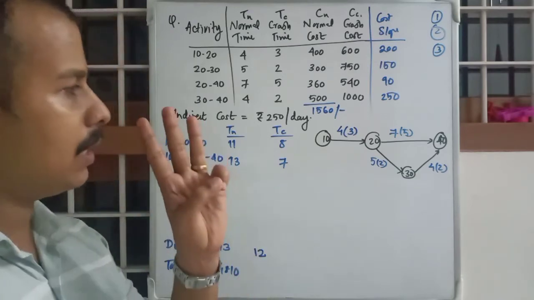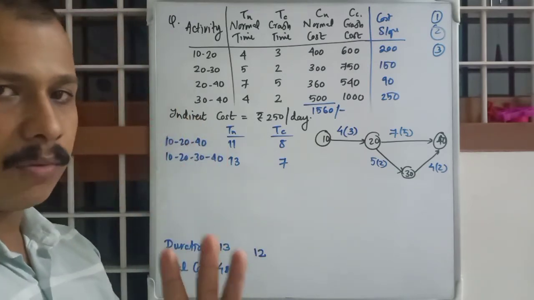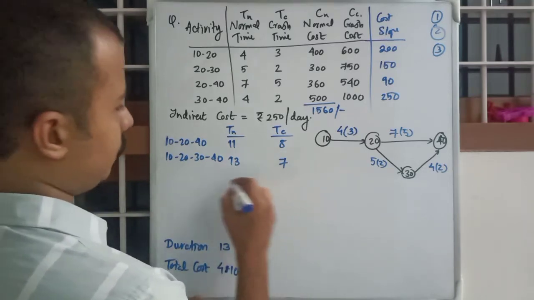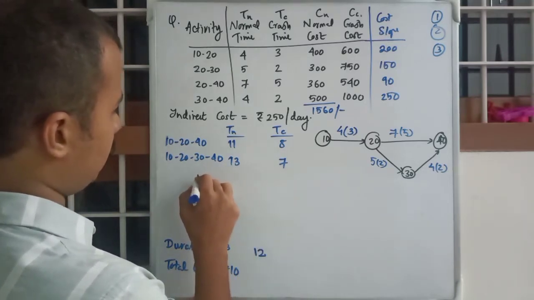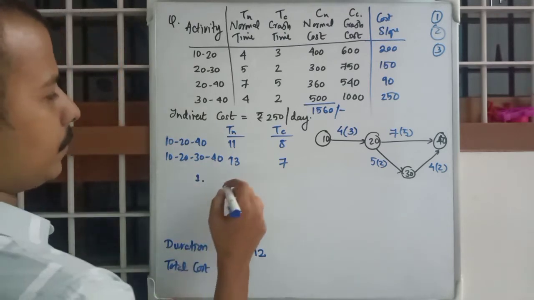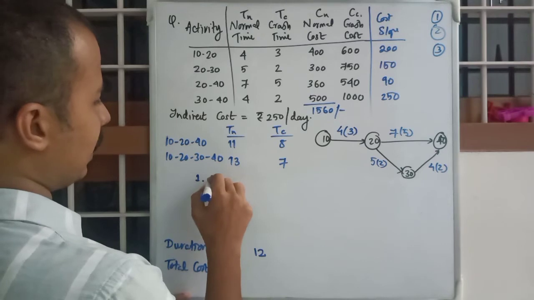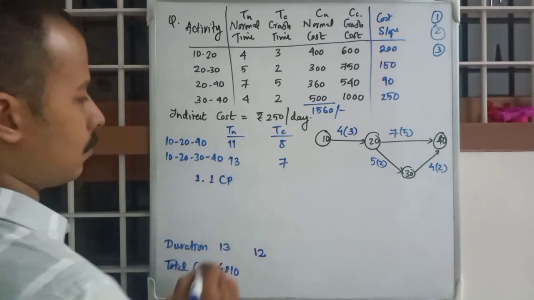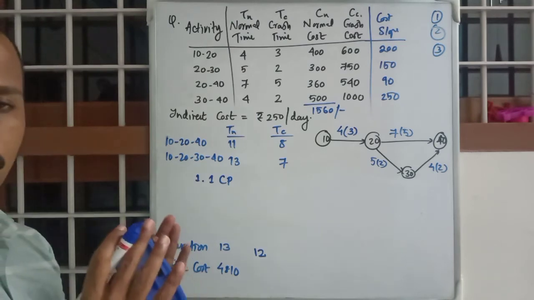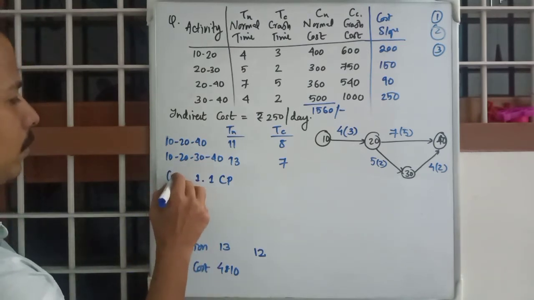Please pay attention. You can have 3 cases. The first one is case 1: one critical path, a single critical path.